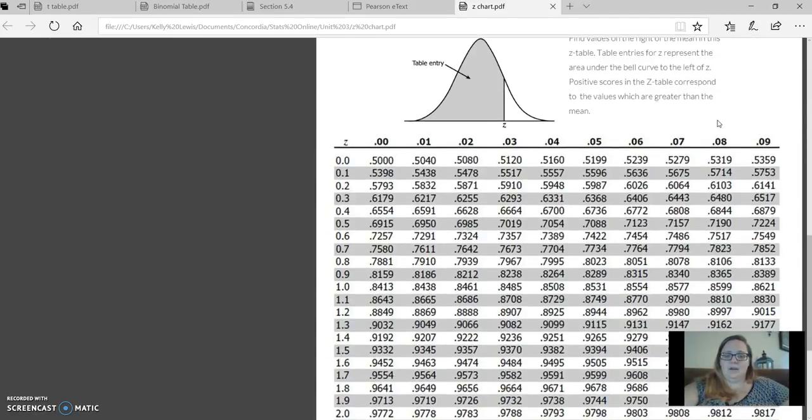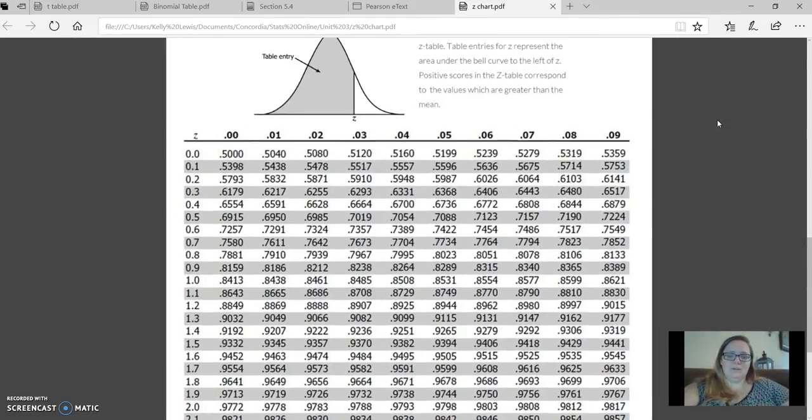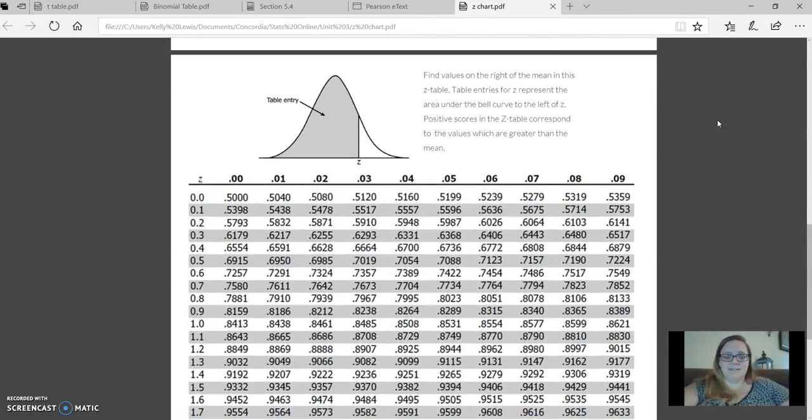Okay. How do we use this? Well, let's say we were looking at a z-score of 1.15. I just made it up. Okay. So you would come here to 1.1, and this is 0. That's 1, 2, 3, 4, 5.